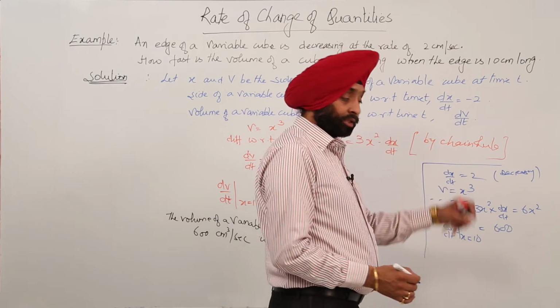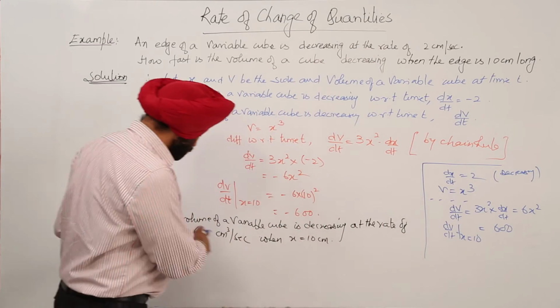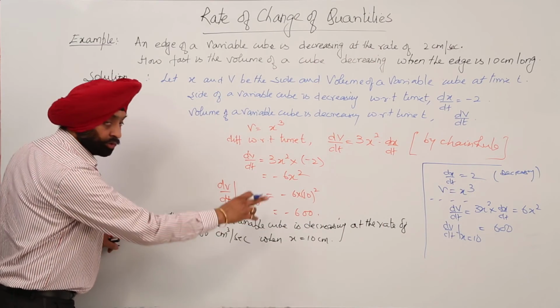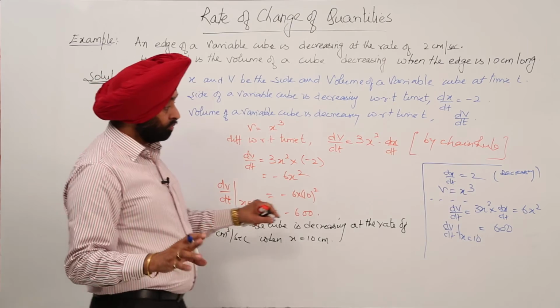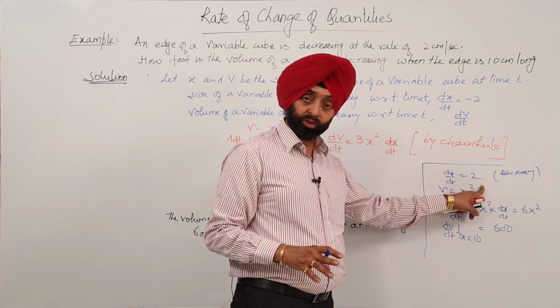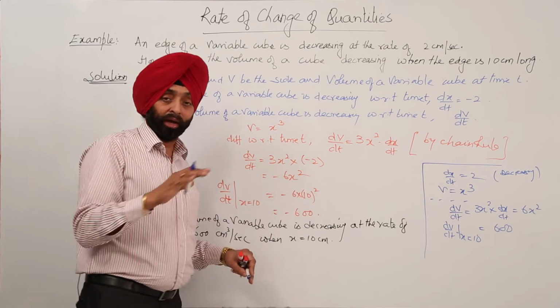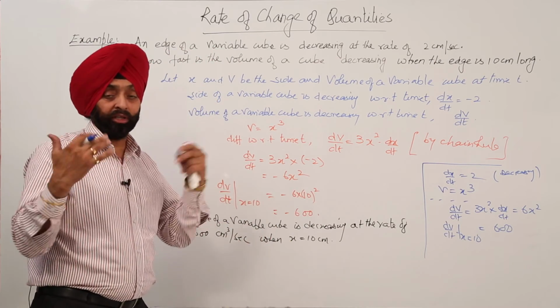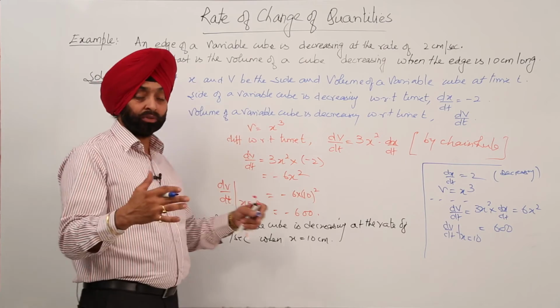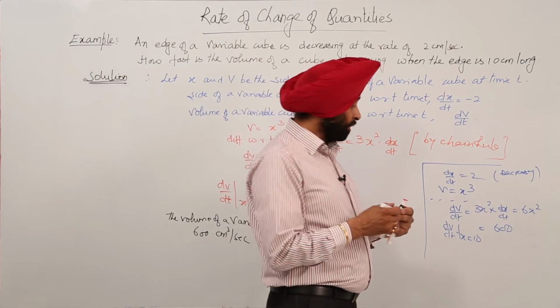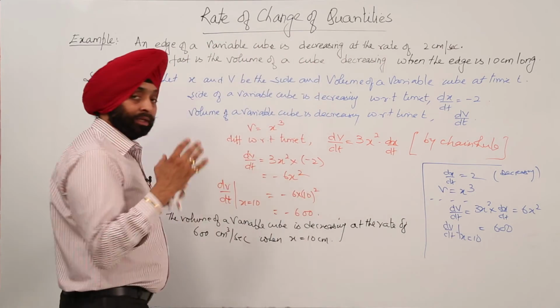And then we are writing the statement. What statement are we writing? This statement: the volume of a variable cube is decreasing. So we can mention here plus 2 when in the statement you are writing it is decreasing. If you are writing minus 2, then it automatically means it is decreasing. If you are writing plus 2, it means it is increasing. Okay. So you can move with any of the things.